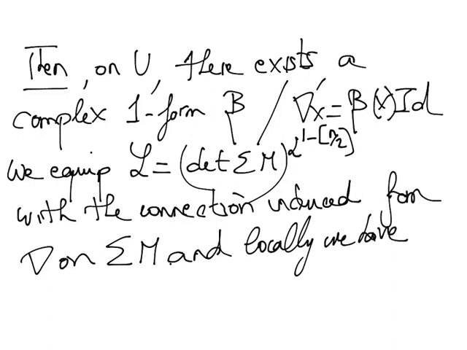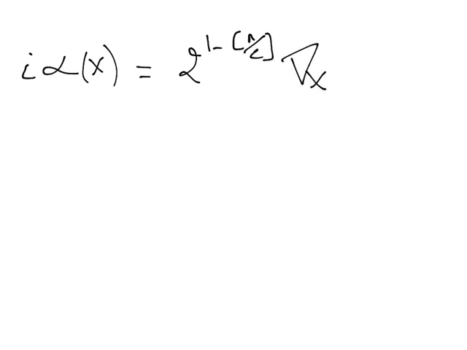So what do we have? This is a connection I alpha of x, the local expression of the connection, the imaginary one form, that is the connection of the auxiliary line bundle L. But this is 2 (1 minus n over 2) nabla x of that sigma of M, because we equip L with the connection induced from sigma of M.